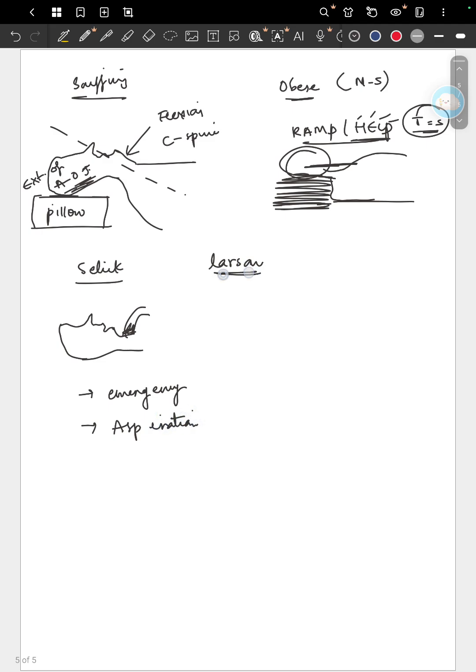Now Larson's is also another method that is used. It is basically holding, like if this is the face of the patient, we have a mask like this, and we'll be holding one finger here and one finger there near the angle of the mandible. This is to reduce laryngospasm. So these are the 4 positions that are commonly used in intubation.